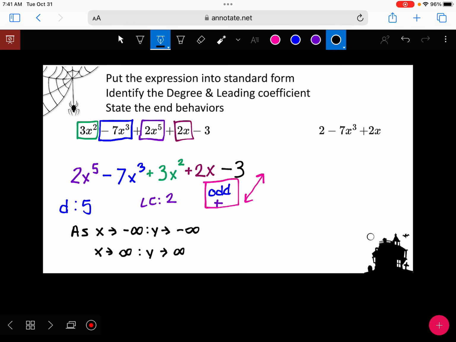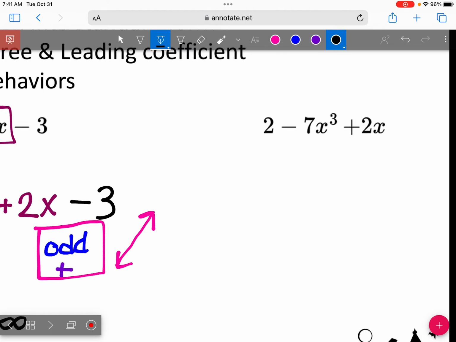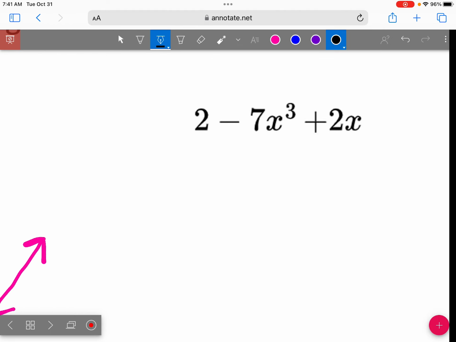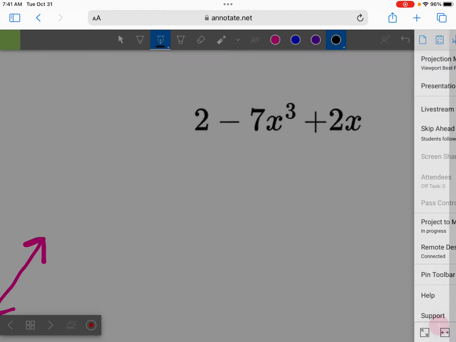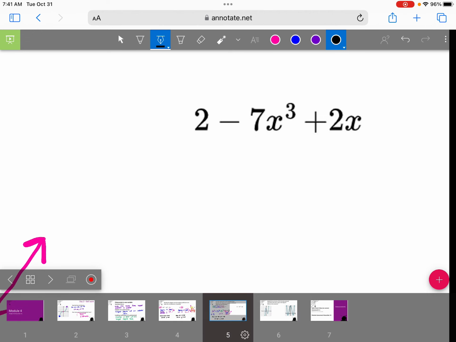All right, we're going to practice that again. We're going to put it into standard form, identify our degree, and our end behavior. So here's our next one. So we have 2 minus 7x cubed plus 2x. Apparently I was in a 7 mood lately. We've had a 7 in every single problem today.